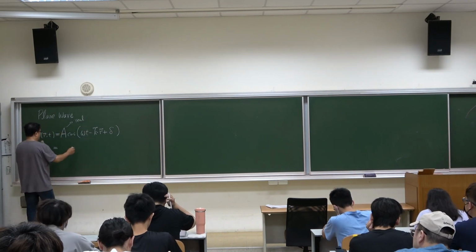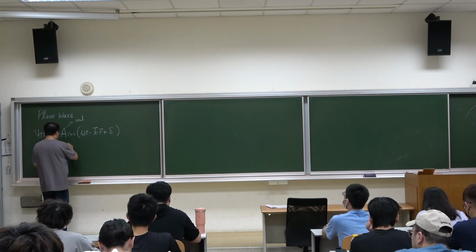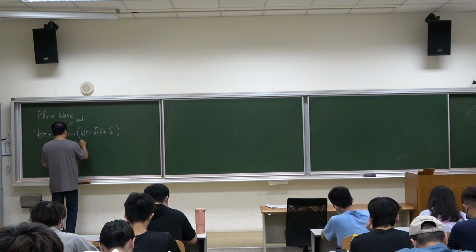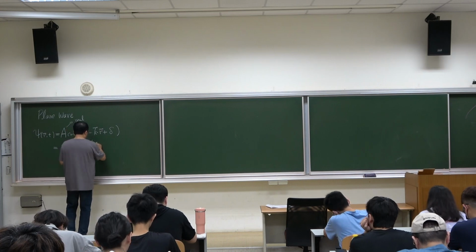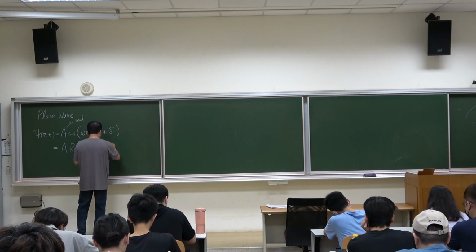And we know that this can be written as exponential i omega t minus i k dot r plus delta.